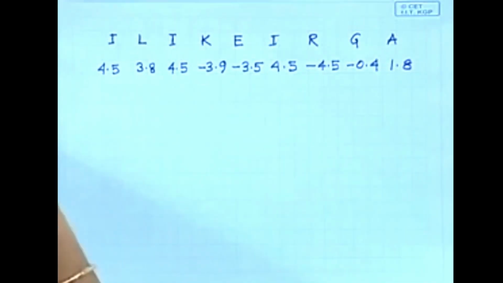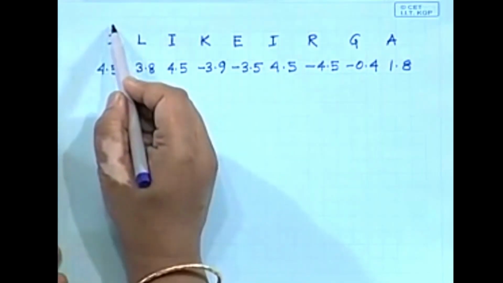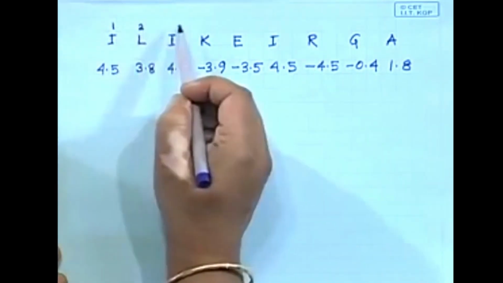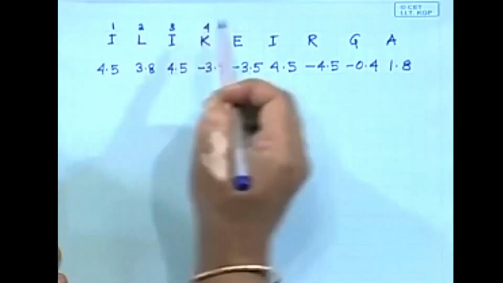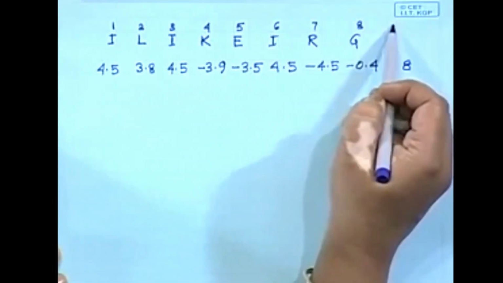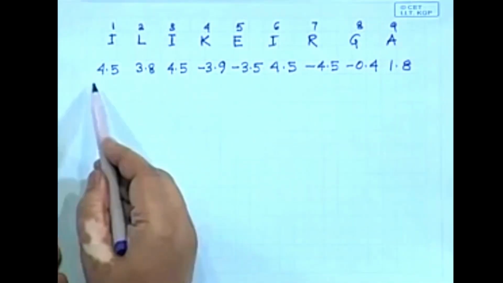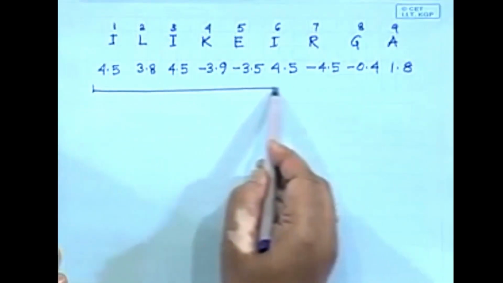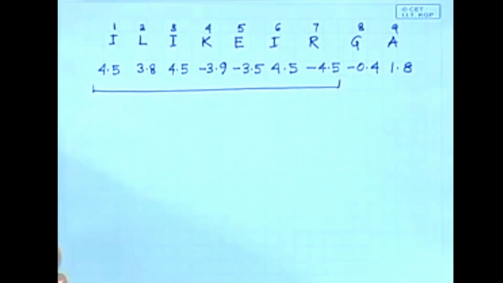Okay. Now, this is called a sliding window approach. So, this is my residue number 1, 2, 3, 4, 5, 6, 7, 8, 9. I take the first 7 residues. That is called my window.